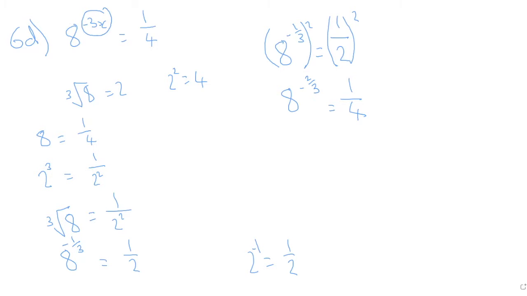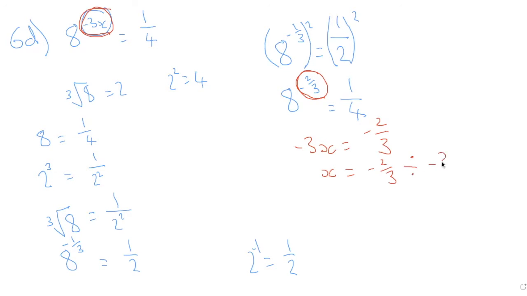But what I found out before was that negative 3x has to equal negative 2/3. So I need to make these two things equal each other. All right, now this is where it gets even trickier. So if I need to get x by itself, I'm going to bring this across as a division.